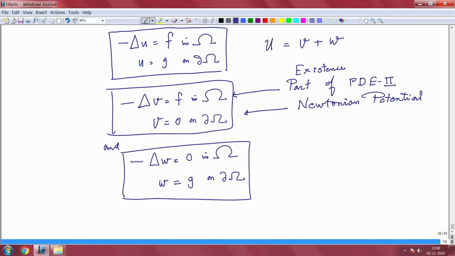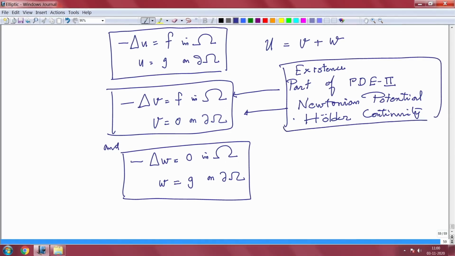And you need to introduce what are called Hölder continuous functions. We will do it in the PDE 2 course. Hölder continuity, all this we will do in part 2.